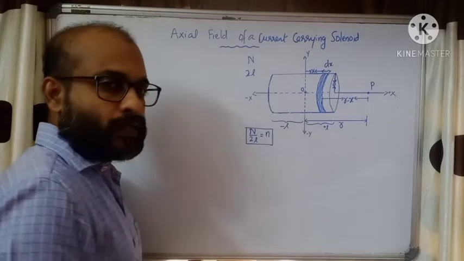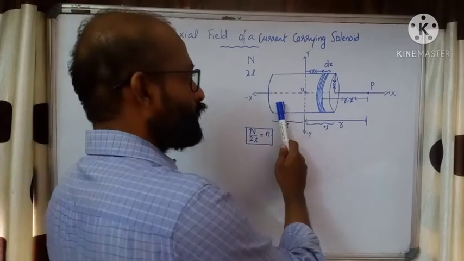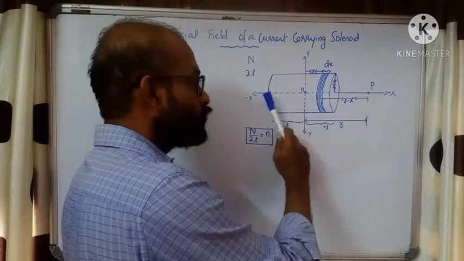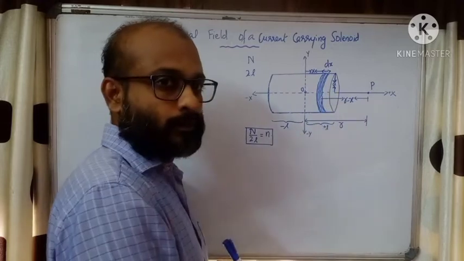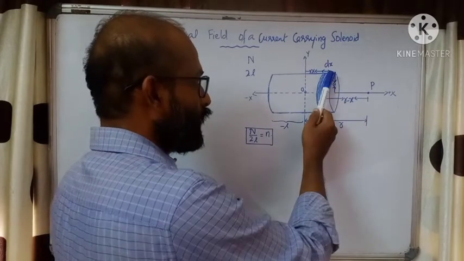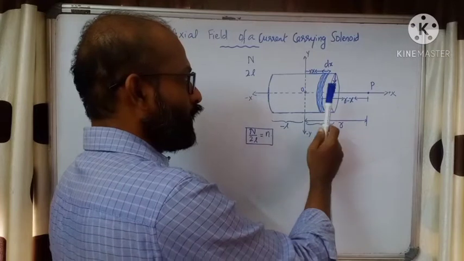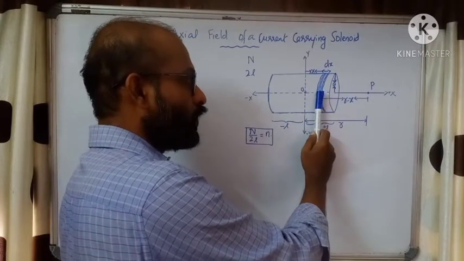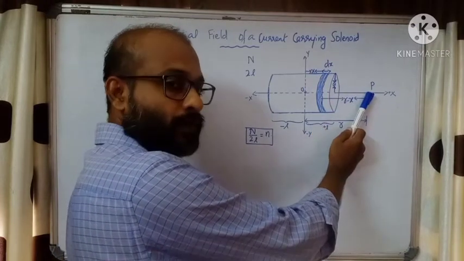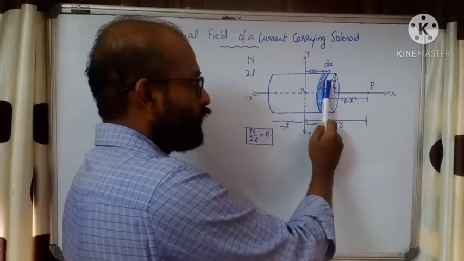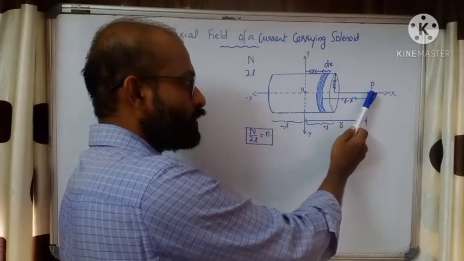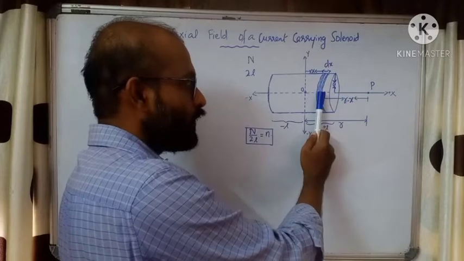Now what we need to find is the total magnetic field, the axial field at the point P due to the entire solenoid. So we need to start with a small circular coil, and we know that this current carrying circular coil can produce a magnetic field at the point P. First we will find that magnetic field.